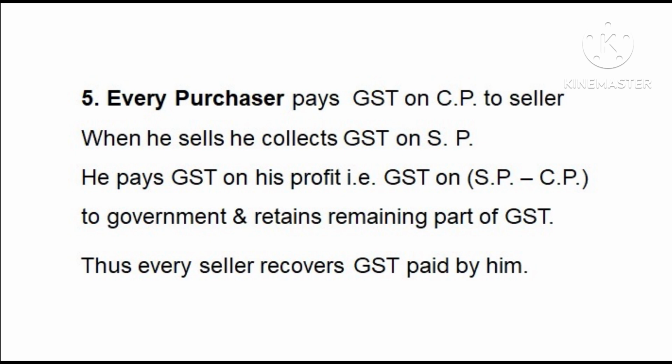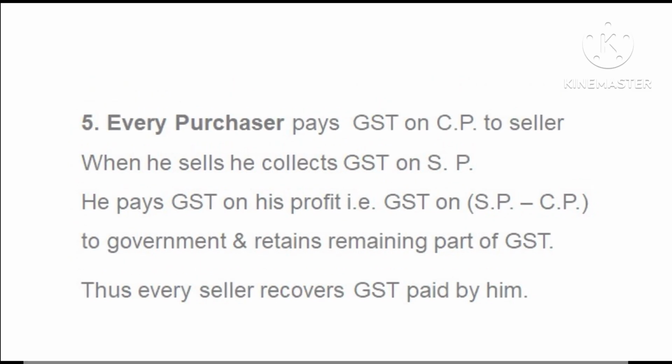When he sells, he collects GST on SP. He pays GST on his profit, that is GST on SP minus CP, to the government and retains the remaining part of GST. Thus every seller recovers GST paid by him.